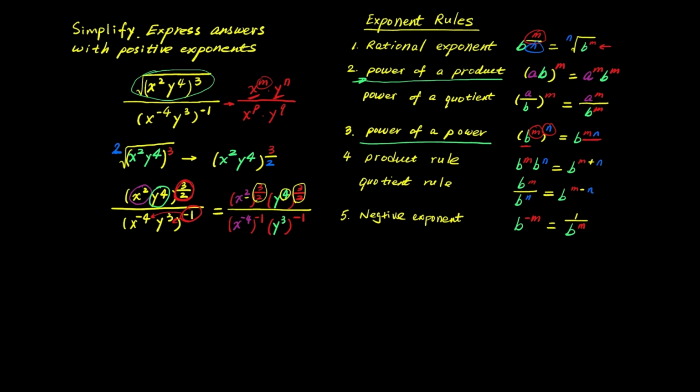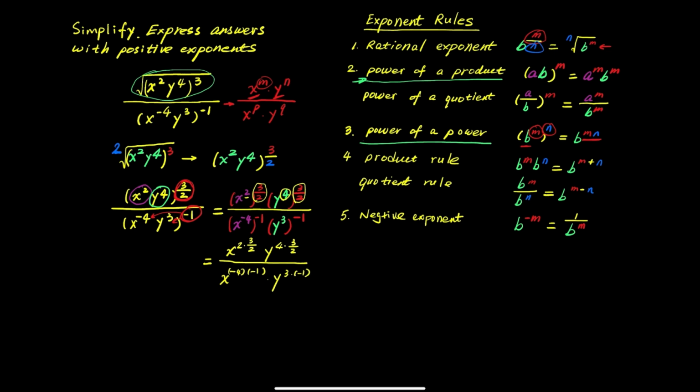So for the expression we have here, for x, we multiply their exponents. So we have 2 times 3 over 2. For the y, we have 4 times 3 over 2, divided by x, minus 4 times minus 1. And for y, we have 3 times minus 1.